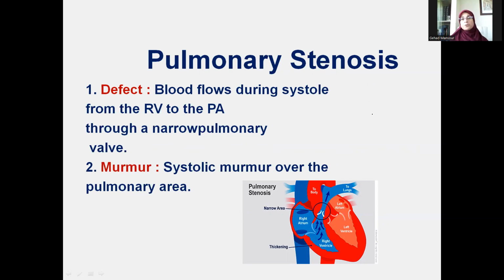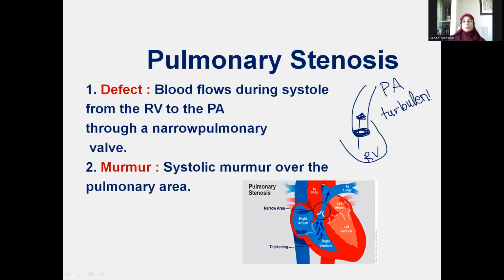So in case of pulmonary stenosis, the right ventricle is trying during systole to pump blood into the pulmonary artery, but because the valve is narrow and stenotic, there is a murmur because we will have turbulent blood flow, and therefore you will hear a murmur that is systolic, meaning that you will hear the murmur between S1 and S2.